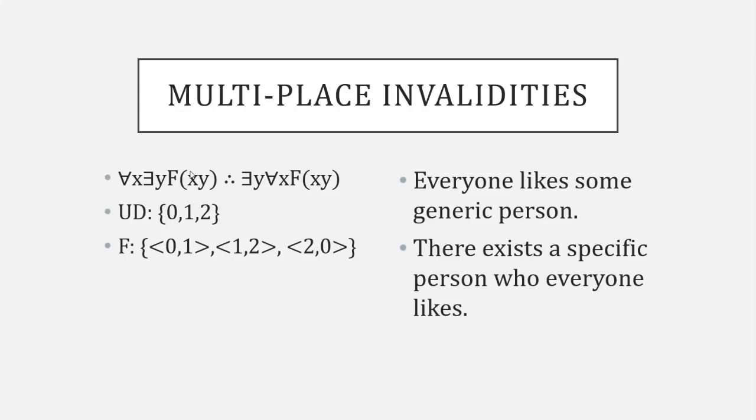So is there anything that you can plug into the y slot, given that the f relation applies to these pairs, such that every possible x stands in the f relation to it? I think no. We're looking for a specific y such that all possible x's stand in the f relation to it.